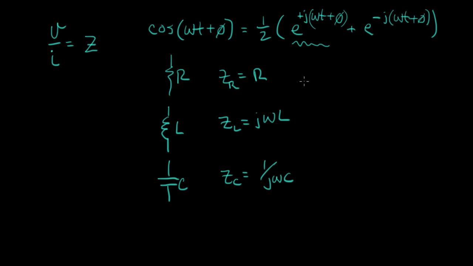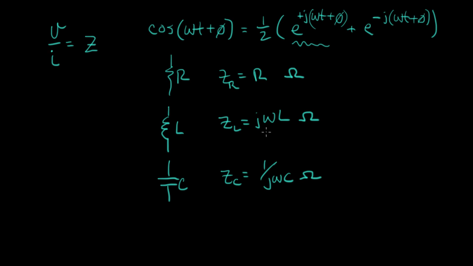The units of these are ohms. R is measured in ohms. That's the normal Ohm's law. And we use the same units for impedance of inductors and capacitors. So this is in ohms and this is in ohms. That may seem a little funny because there's this frequency term in here, but this is what it is.